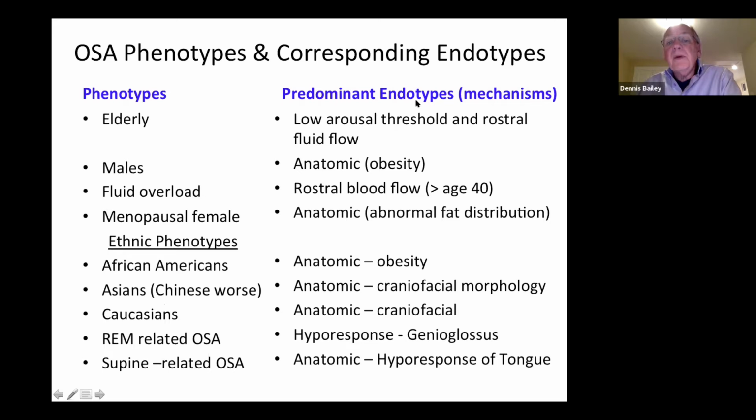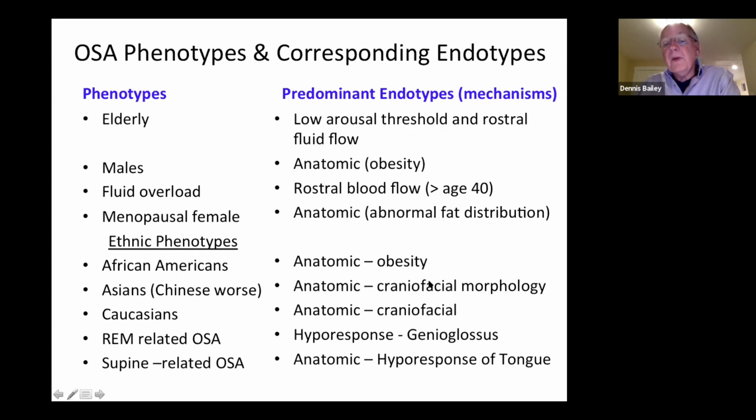When we look at predominant endotypes, we're looking at mechanisms. So we know the low arousal threshold. We know that anatomically, if they're more overweight or obese, and particularly if there's abdominal girth. We know that rostral blood flow, especially after the age of 40, can be a bigger problem. And of course, abnormalities in the fat distribution that can occur anatomically.